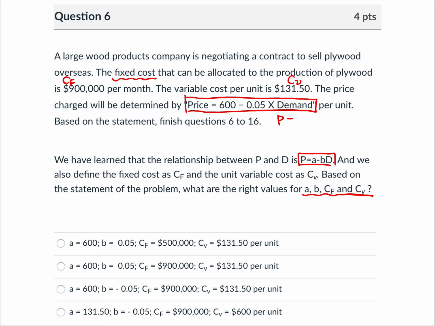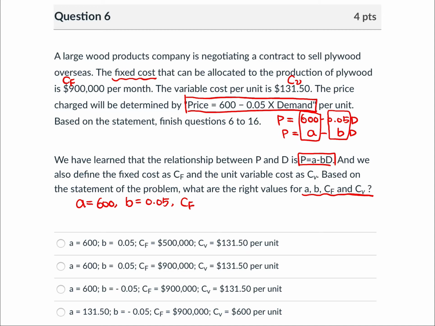Okay, so if you write this given relationship as P equals 600 minus 0.05 D, and compare that with P equals A minus BD, you can see that your A is 600, your B is 0.05, no negative sign.